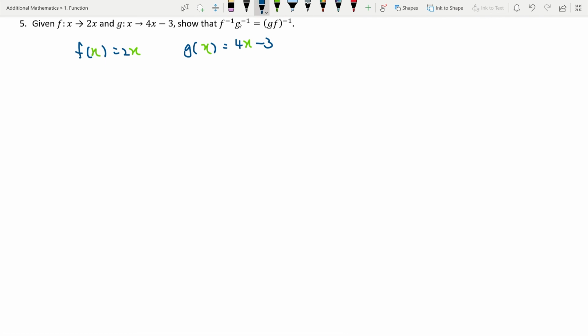Let's find the f inverse. Let f inverse x equal to y, x equal to f(y). Substitute y into the f. We get 2y, y equal to x over 2. Therefore, f inverse x is x over 2.